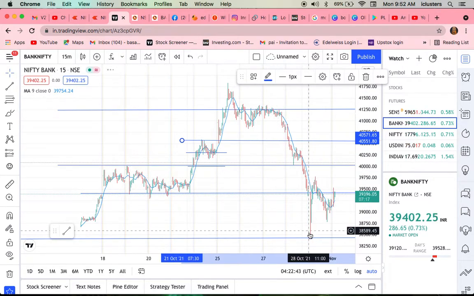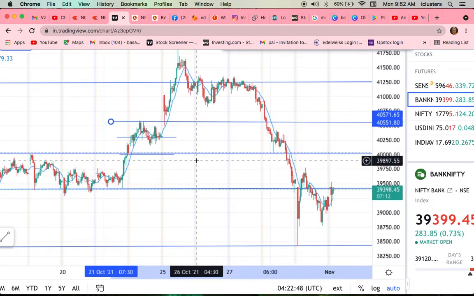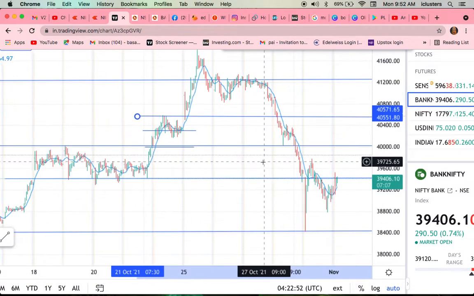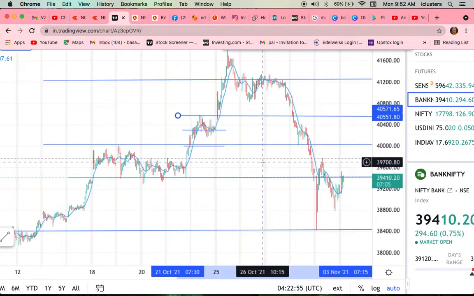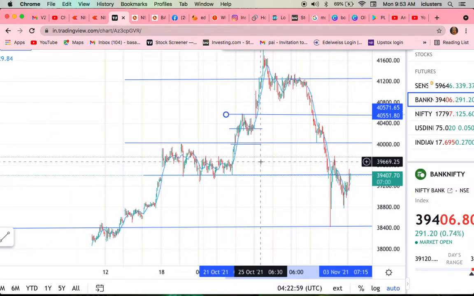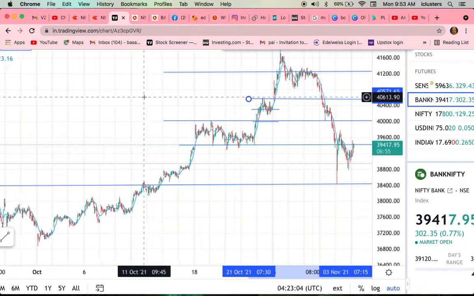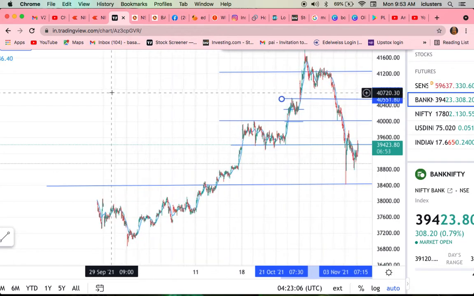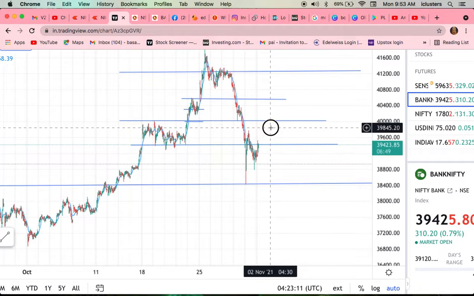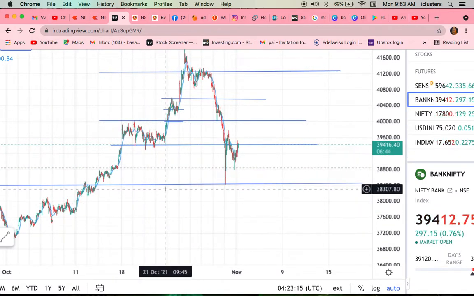The wick reached the exact support area, and the price has gone upwards.